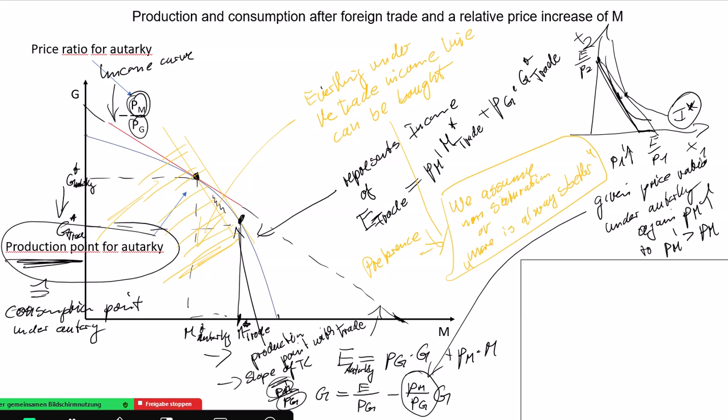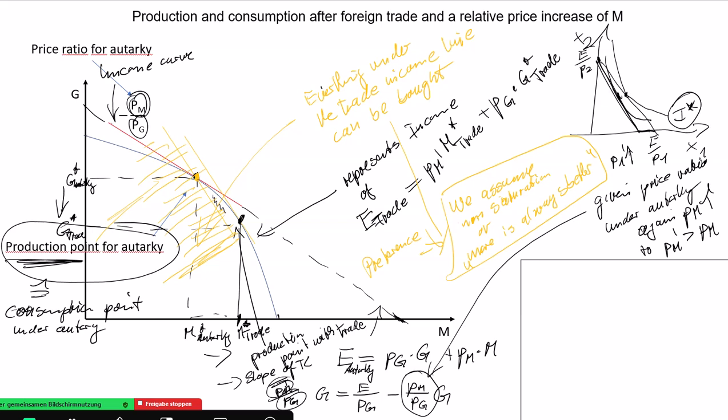Well, and now we look at the possible consumption points, everything under the new budget line compared to the point under autarky. And what we see then is that we still can consume the same amounts as in the situation under autarky, because the situation under autarky is lying under the new income budget line.